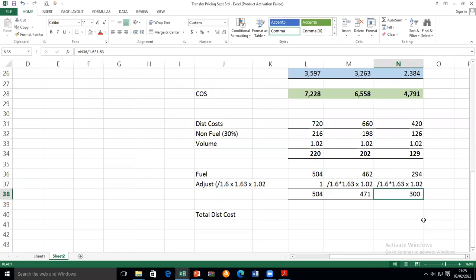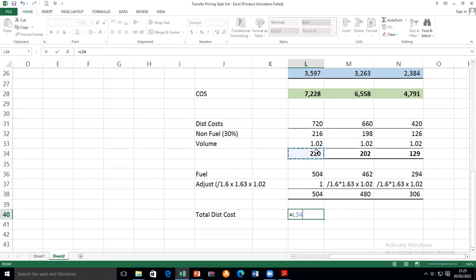So I'm supposed to multiply by 1.02. Okay. So now that is correct. So the total now, you add this one plus that one. There we go.